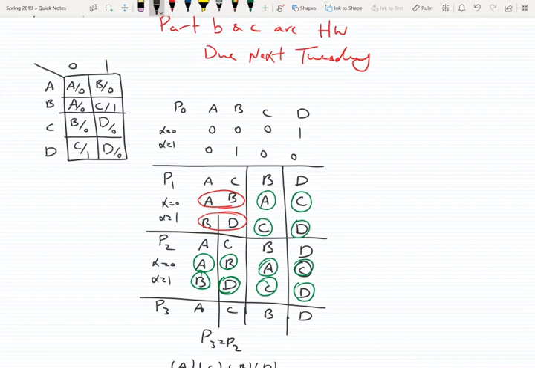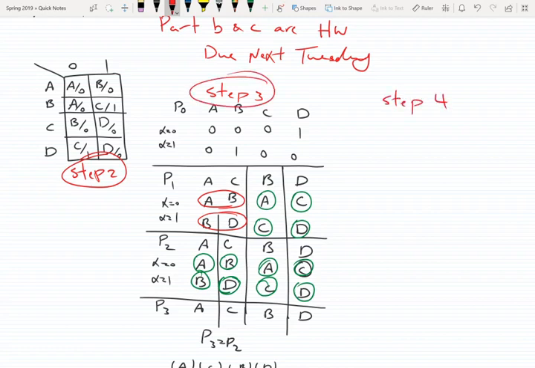So this one is step 2, and this simplification is step 3, and now we need to move to step 4, which is state assignment.